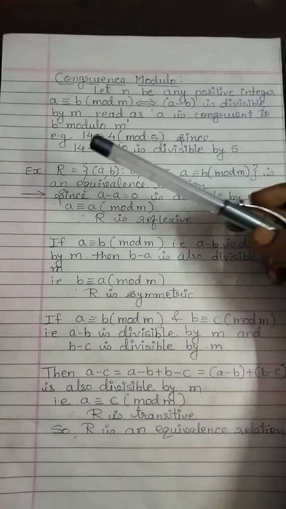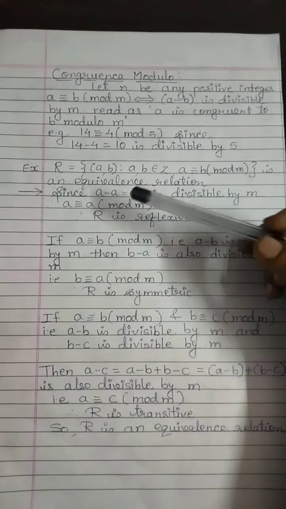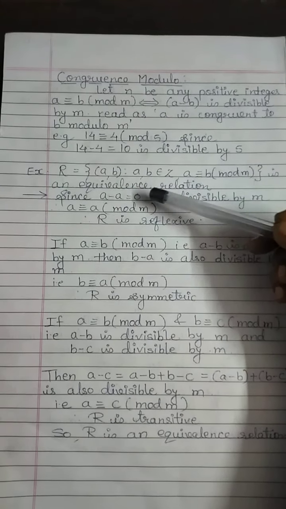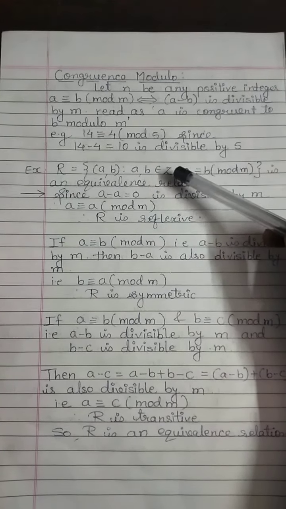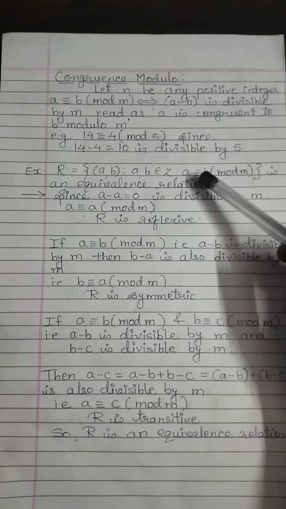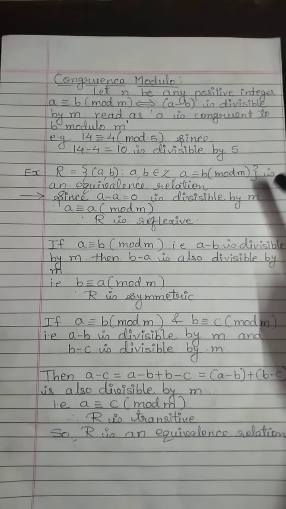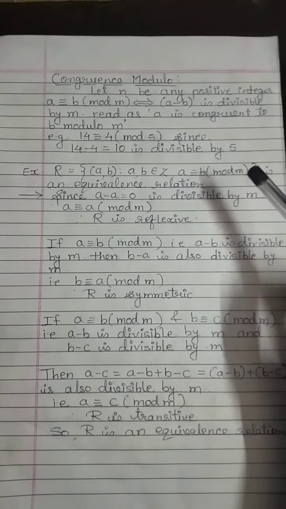Now here we have one example related to congruence modulo. R is the set of all ordered pairs (A, B), where A and B belong to Z and A is congruent to B modulo M. We need to show that this is an equivalence relation.